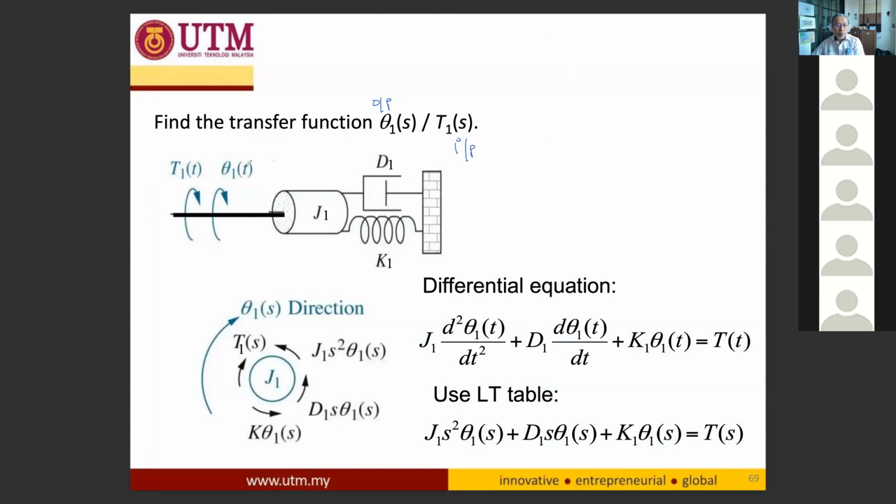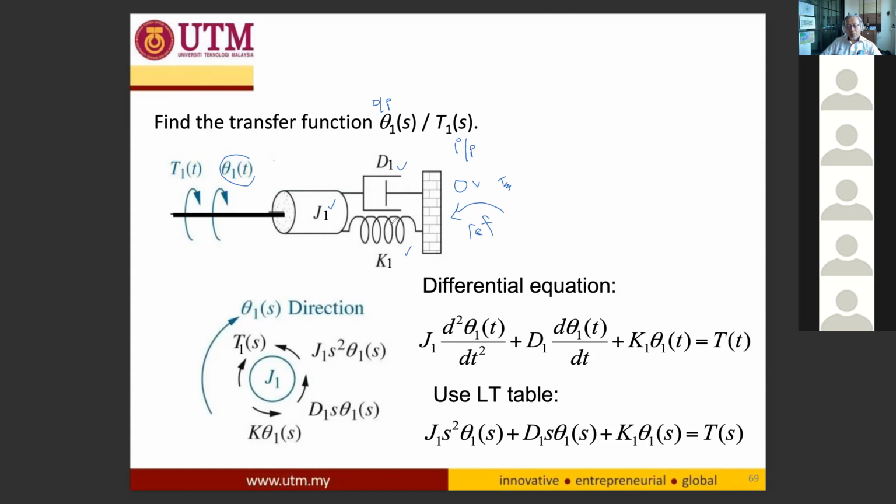The basic mechanical rotational system is represented by J1, B1, and K1. And this one is the reference datum. Ini macam dalam electrical we call it as 0 volt lah, ataupun ground.